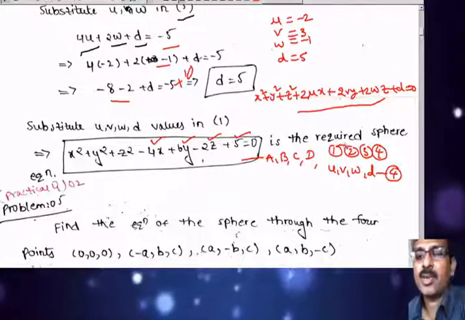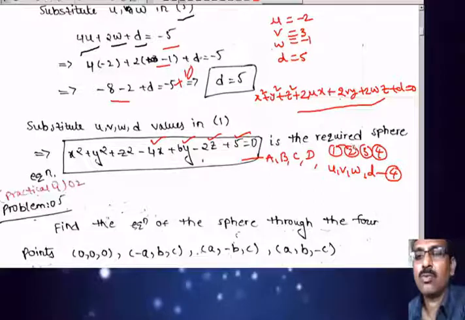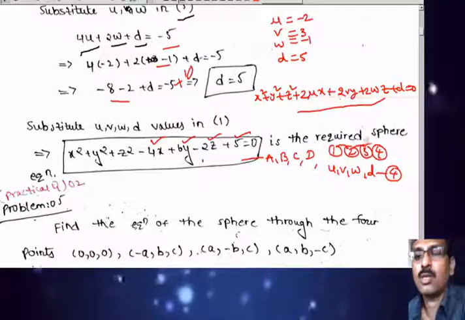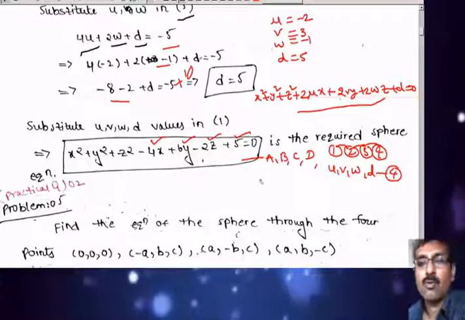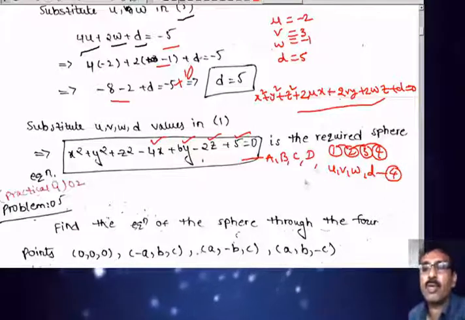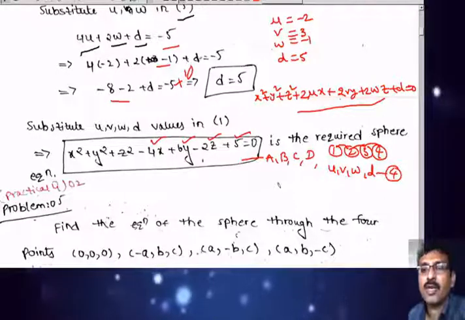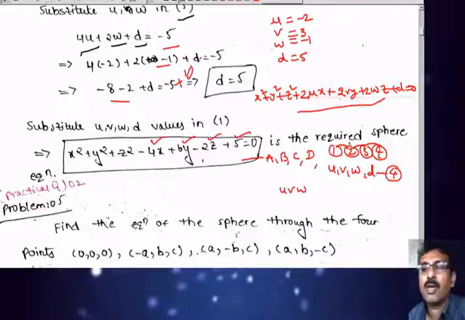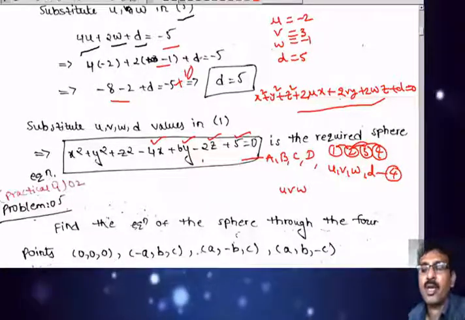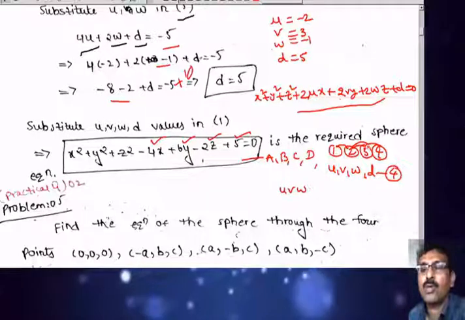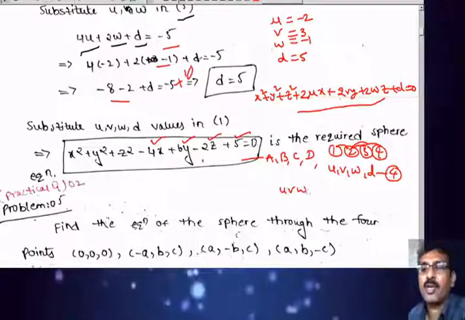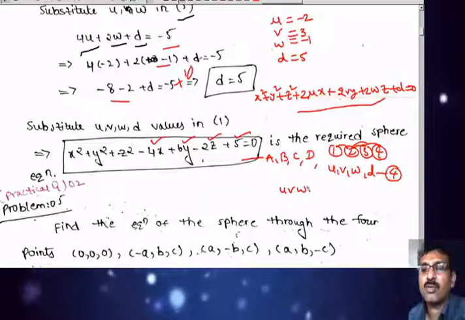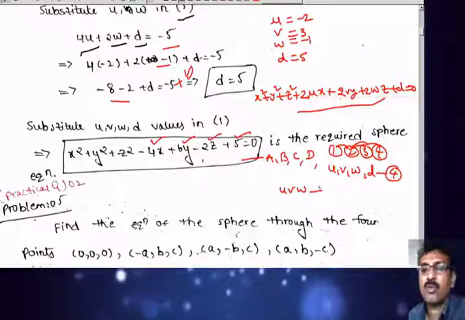Taking pairs, for example 1, 2, 2, 3, 3, 4. Taking 1, 2, we eliminate d and get an equation having u, v, w. Taking 2, 3, we eliminate d, having an equation in u, v, w. Taking 3, 4 and eliminating d, I have an equation in u, v, w.